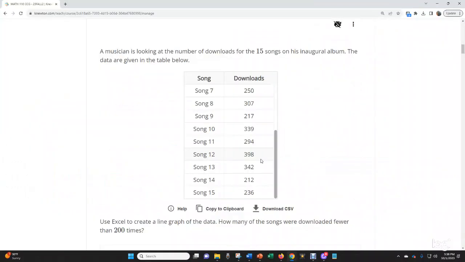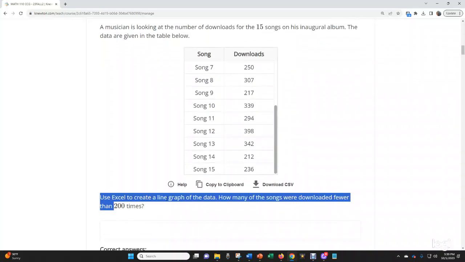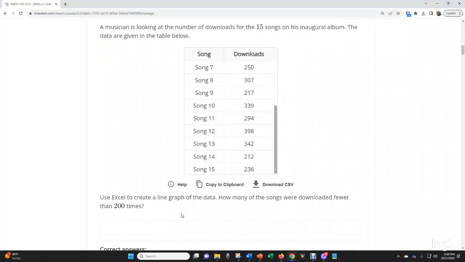Okay, so in this next example, we're looking at music downloads for a musician here, and we have our table, and this time we want to create a line graph. And then of course we want to answer the question, which of the songs were downloaded fewer than 200 times.